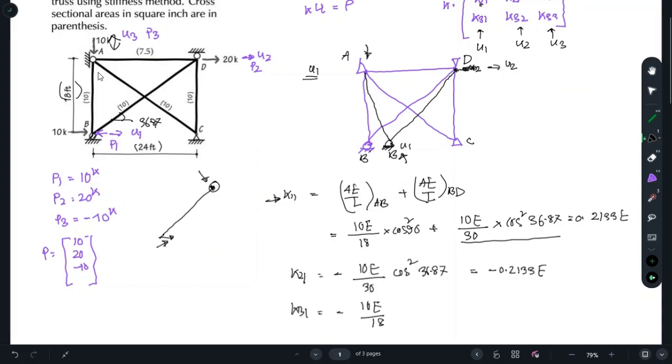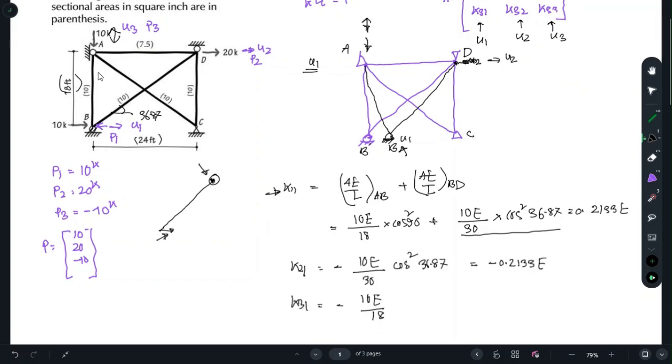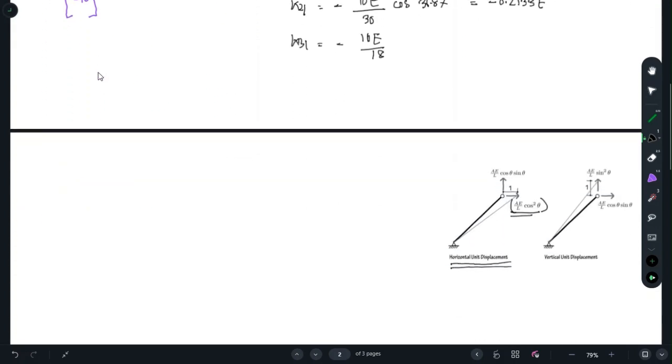And if you see, the displacement that is allowed at point A is vertical. Though the DOF is restrained right now, it will move vertically, so it will fall under this case. You have a horizontal displacement, but you want to find out vertical stiffness, so that would be AE over L cosine theta sine theta.